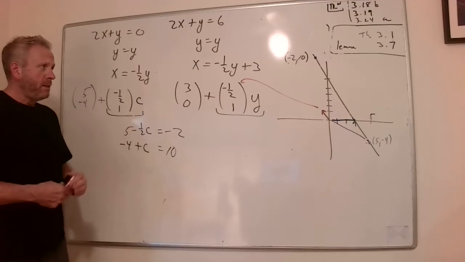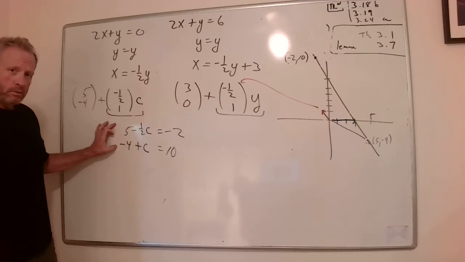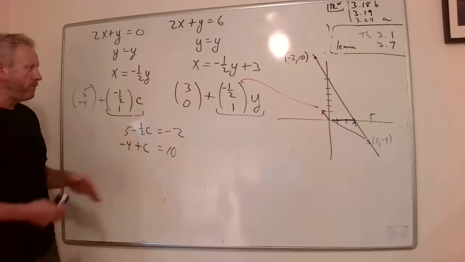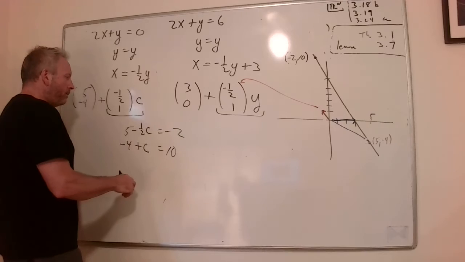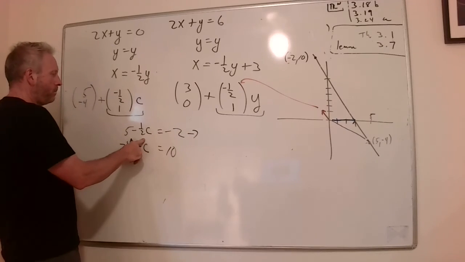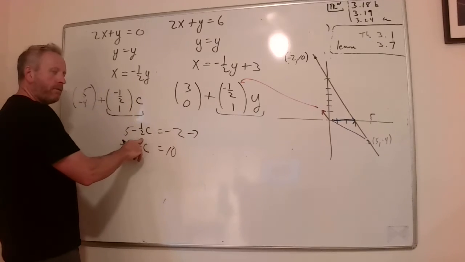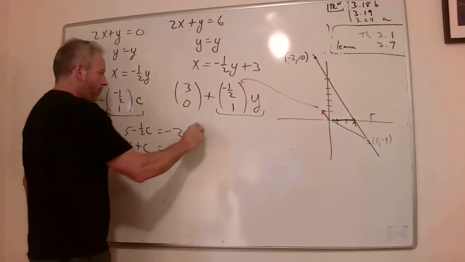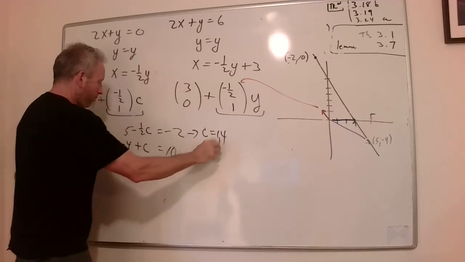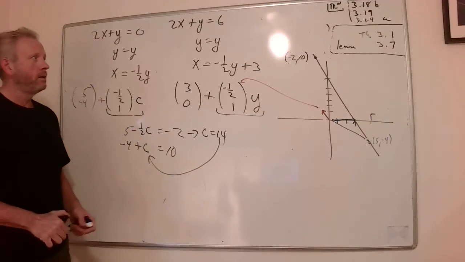Lemma 3.7 guarantees that there will be a value of c such that these are both true. So let's see if that is in fact true. Let's see from the first equation here. Let's go ahead and solve for c. We could subtract 5 from both sides and get -7 and multiply both sides by -2. So c would equal 14. Put 14 in there, and lo and behold, yes, it checks out.